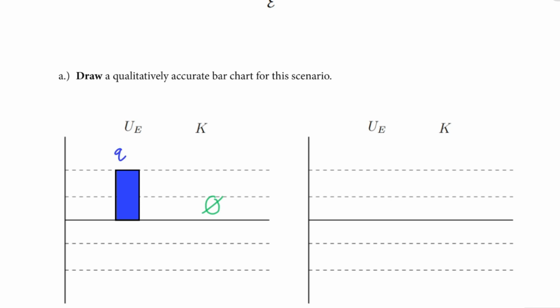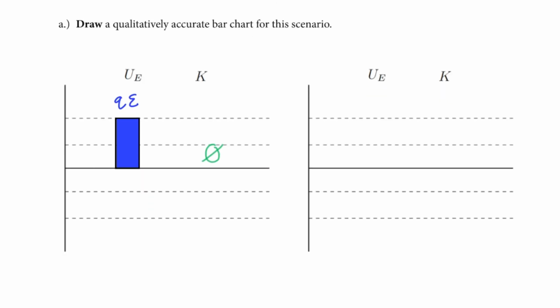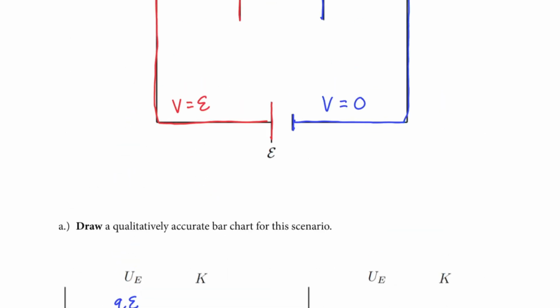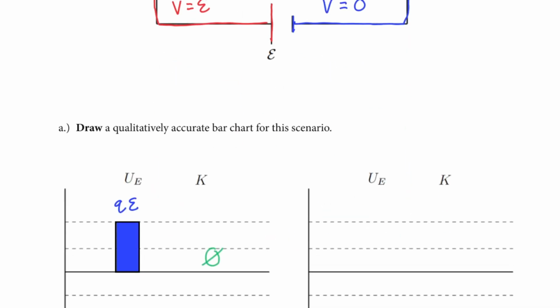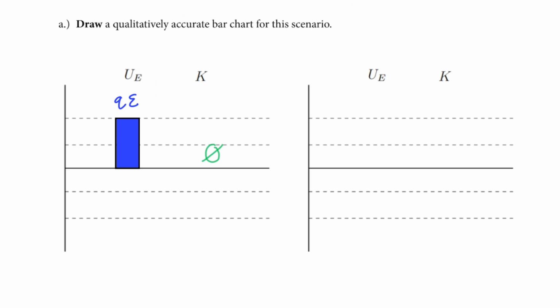We can say that this potential energy it has is QV, or Q times epsilon. Then, when the particle slams into this negative plate, or the zeroed plate, it would have 0 potential energy, because QV is equal to 0. So that must mean by energy conservation, all of its energy must have gotten converted into kinetic. So 1/2 mv squared.